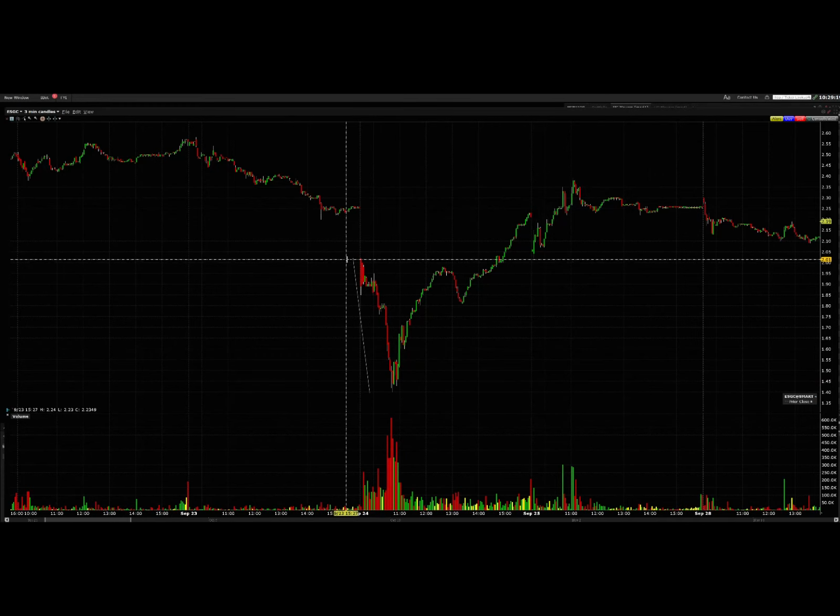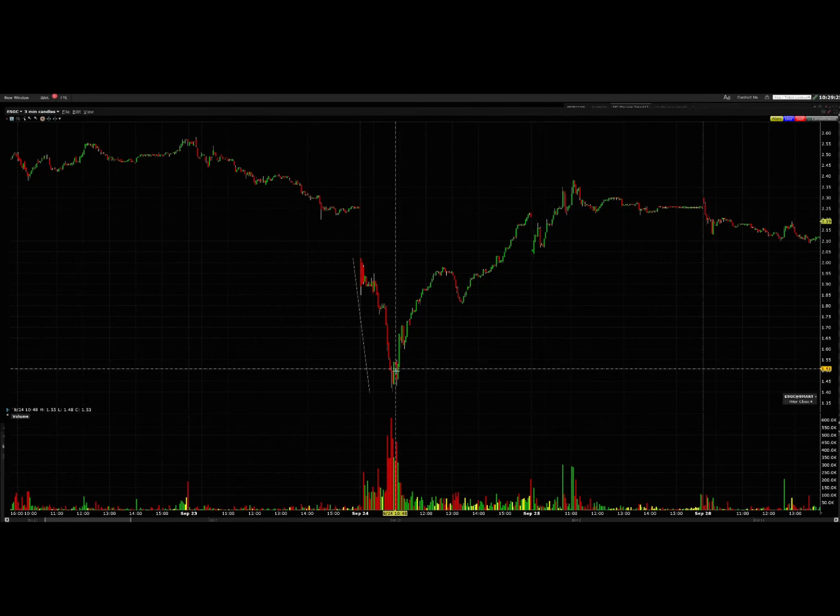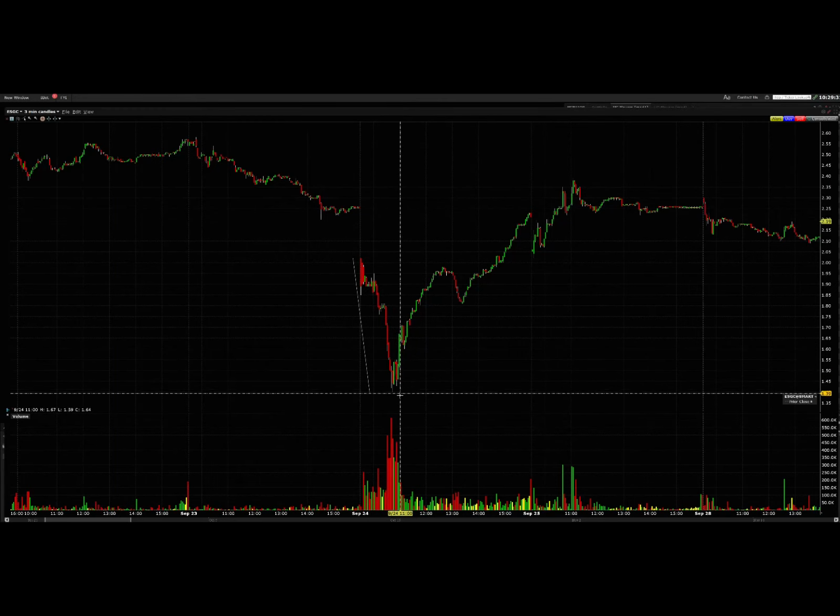So I would literally wait for a stock to drop 30%, and then I'm waiting for this big green candle or any kind of big push up. I would buy this stock, and I would set a stop loss right here, right below the local low. And I would take 10, 15, 20, sometimes 30% profit.